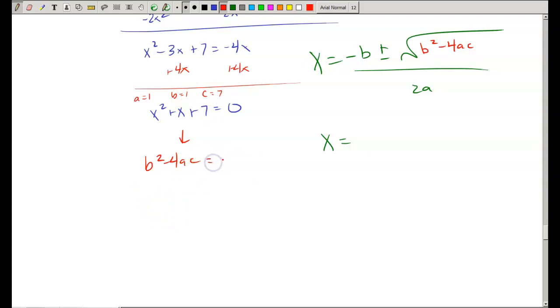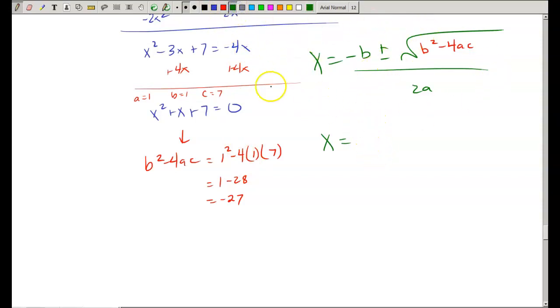So I'm going to have 1 squared minus 4 times a, which is 1, times c, which is 7. So this will become 1 minus 28, which is negative 27. So my discriminant here is negative 27. Now I know that when we solve this problem, that means I'm going to have 2 imaginary solutions. So let's go ahead and finish it.